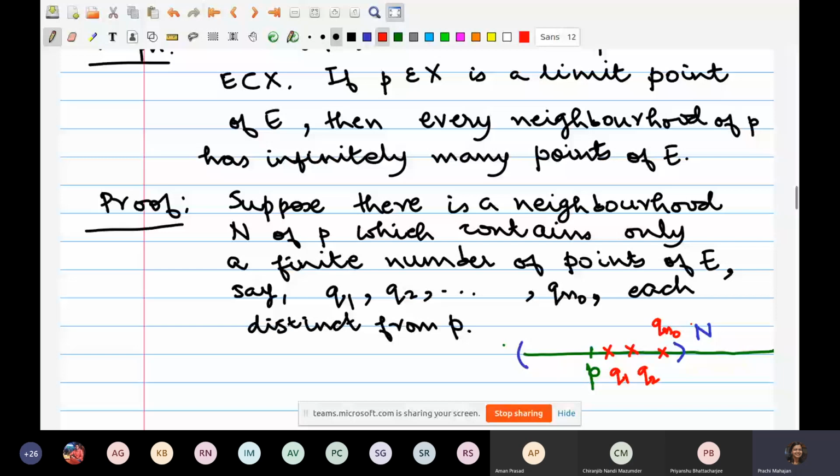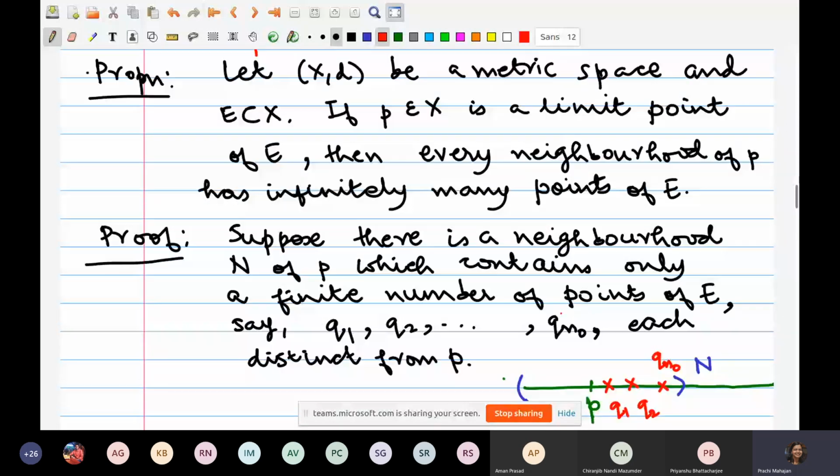Now, I need to arrive at a contradiction somehow. The only fact that I am given is that the point P is a limit point of the set E, right? In order to arrive at a contradiction, I have to contradict the fact that P is a limit point of the set E in this case. So I need to go back to the definition of the limit point.